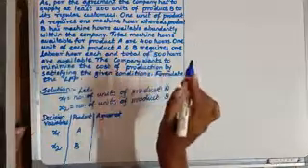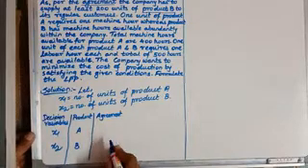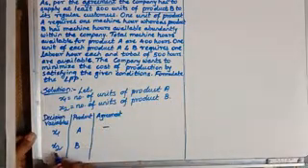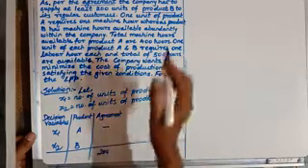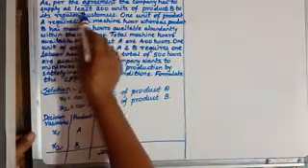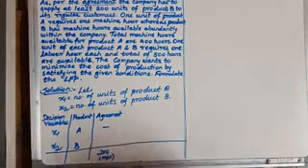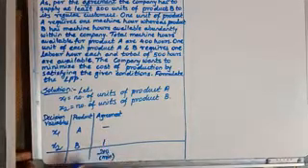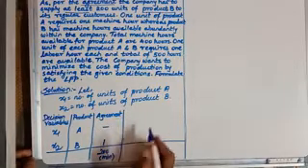No condition for product A, but for product B, 200 units has to be supplied. At least 200 means minimum 200 units has to be supplied, but of product B.